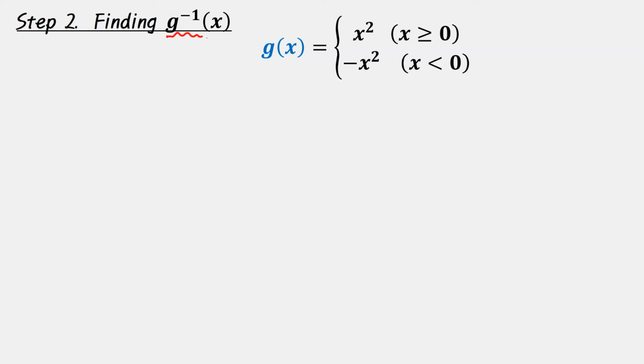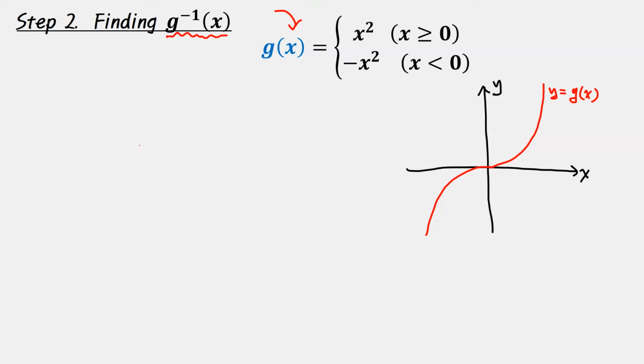Next, we find the inverse of g(x) using the g(x) we have just obtained. When doing so, we must be careful of the domain and the range, just like the previous step. So let us draw the graph of g(x) here again, because we are going to need it. First, let's consider this case. Here, g(x) equals x squared, so we can write the original function as y equals x squared, where x is positive or 0, and y is positive or 0.